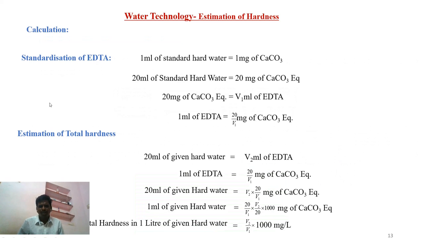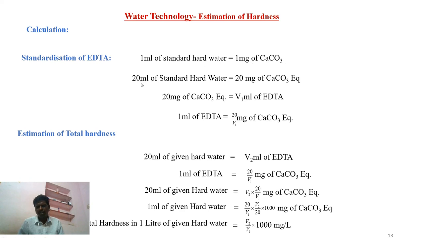So now coming to the calculation. First one is the standardization calculation. We already know that 1 ml of standard hard water is equal to 1 mg of calcium carbonate. So 1 ml of EDTA is equal to 1 ml of standard hard water, which is equal to 1 milligram of calcium carbonate.